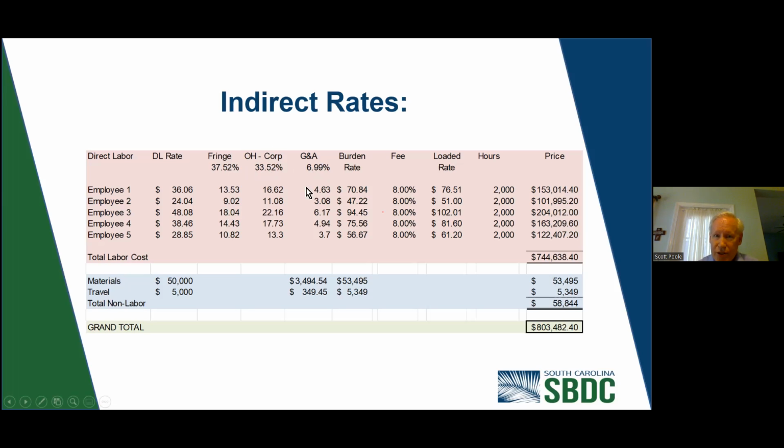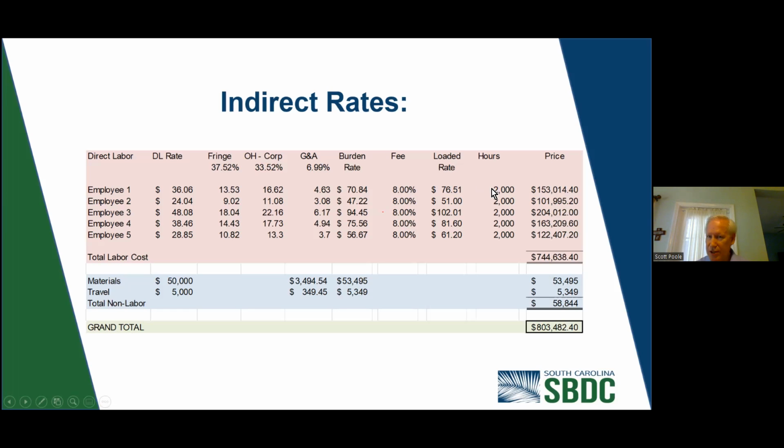So you start out with the direct labor rate, and you add in all the fringe, overhead, and G&A, and you get the burden rate. This one happened to be $70.84. Now, if the fee on this one was 8%, then you can multiply 70.84 times 1.08, and you get a loaded rate of 76.51.